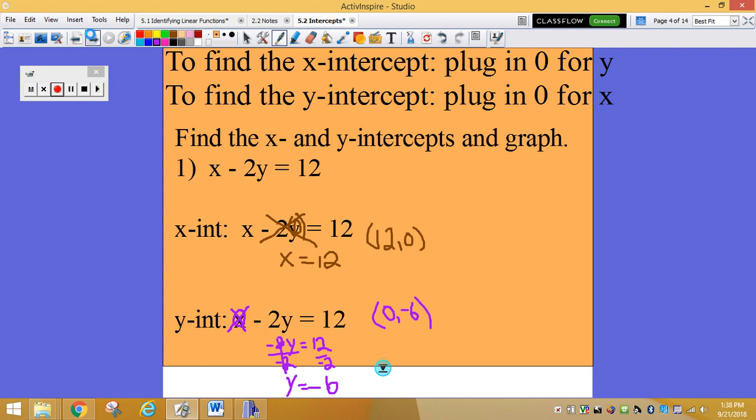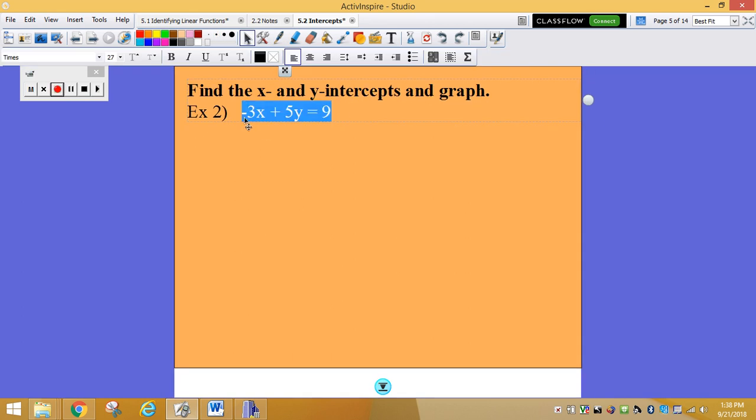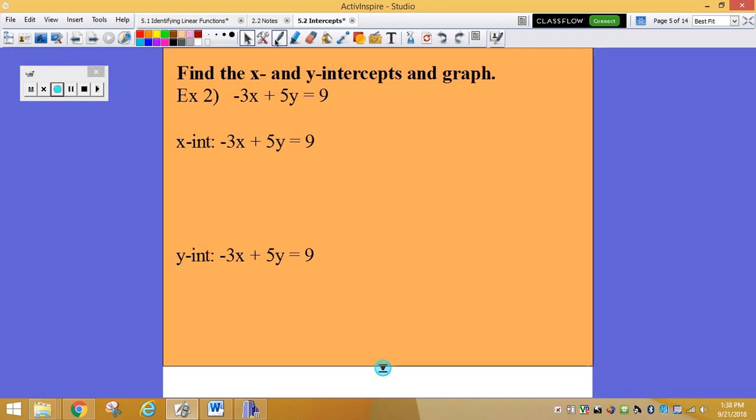Okay, let's do another one. Let's find the x and y intercepts. So I'm going to start with the x-intercept. So to find the x-intercept, we put a 0 in for y. 5 times 0 is nothing, so those cancel.